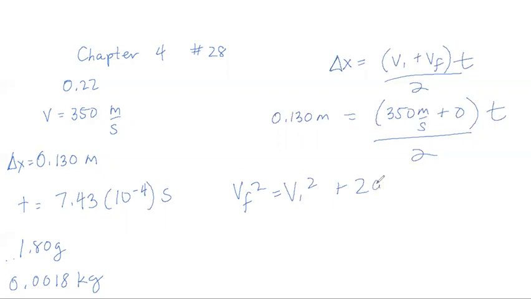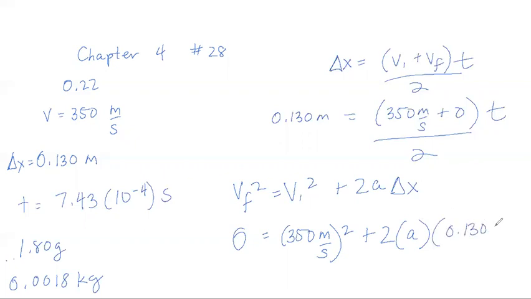All right, we need to find the acceleration, so I'll use v final squared equals v initial squared plus 2a delta x. So this is 0 equals 350 meters per second, quantity squared, plus 2 times a times 0.130 meters. And so my acceleration is going to be negative 4.71 times 10 to the 5th meters per second squared.